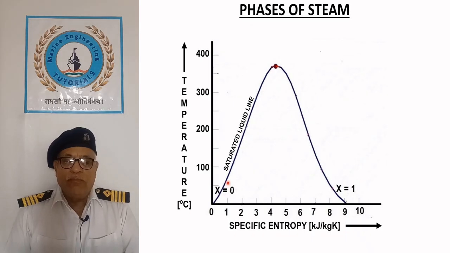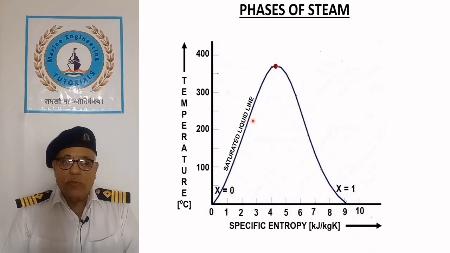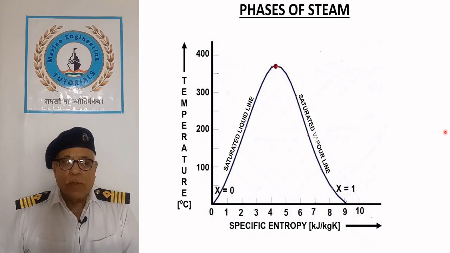In a boiler, water is supplied to the steam drum along the saturated liquid line, either with or without preheating. Inside the boiler, water absorbs latent heat and leaves as saturated steam along the saturated vapor line.